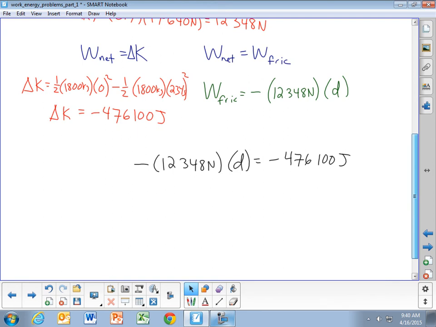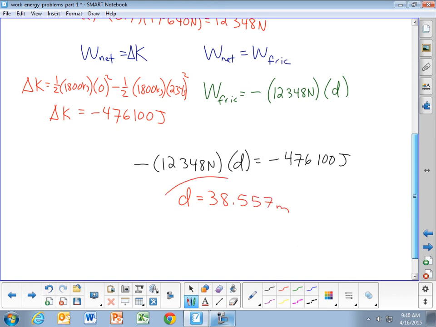The negative signs divide out, and I get that the distance that it slides is 38.557 meters. So again, I knew what the force was, I knew how much energy needed to be taken away, and so I was able to figure out how far it slid, how big a distance that force was acting over.